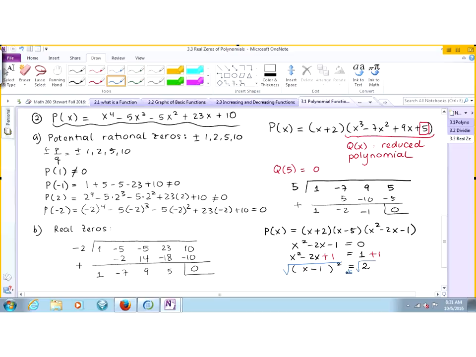Square root both sides, and we do have plus or minus. So what is my x? x minus 1 is plus or minus square root of 2, so x is 1 plus or minus square root of 2.